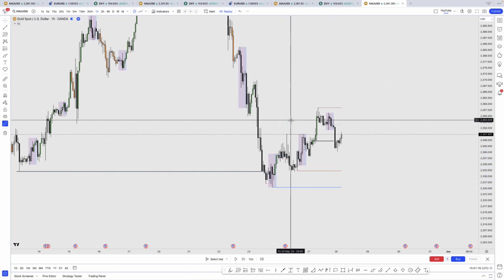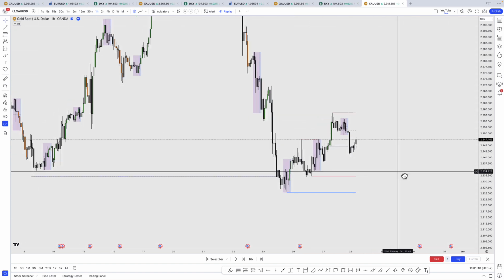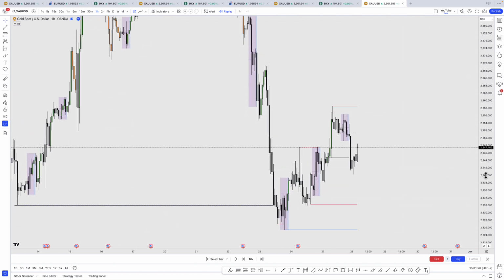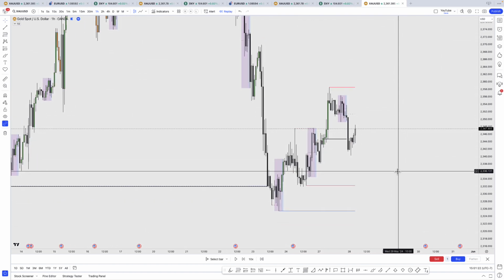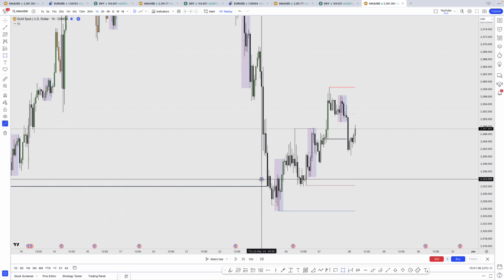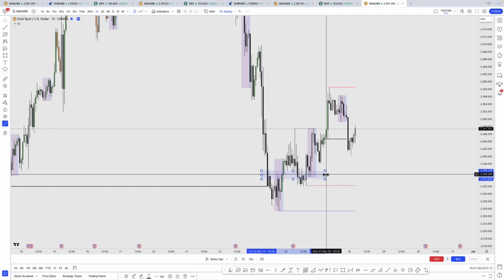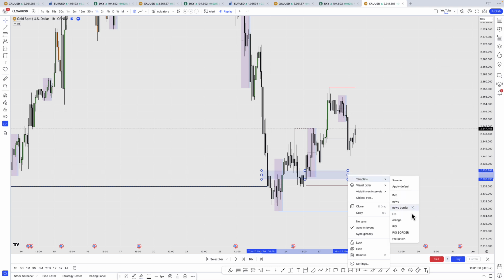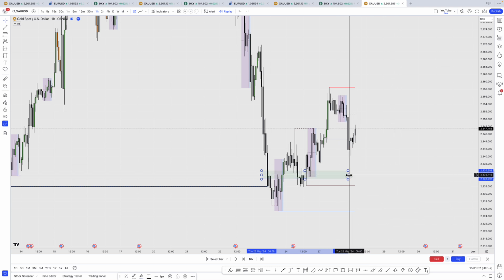Now, some things I want to mention, and again, this is not anything against any style of trading, but I've found that gold, we're just going to change these colors to that.